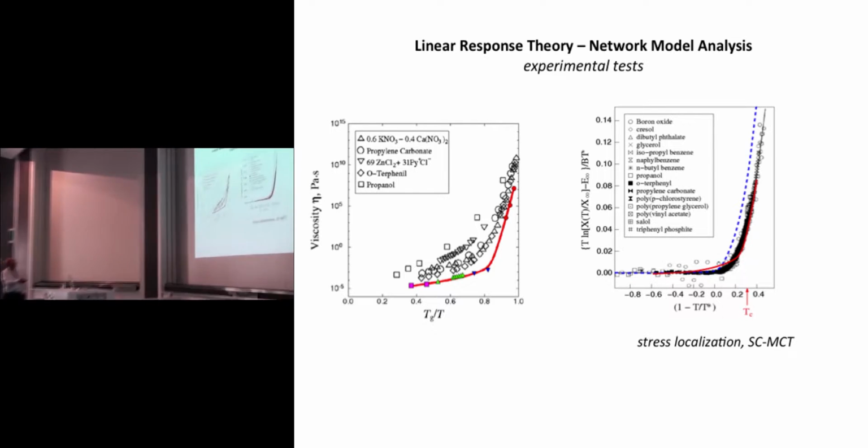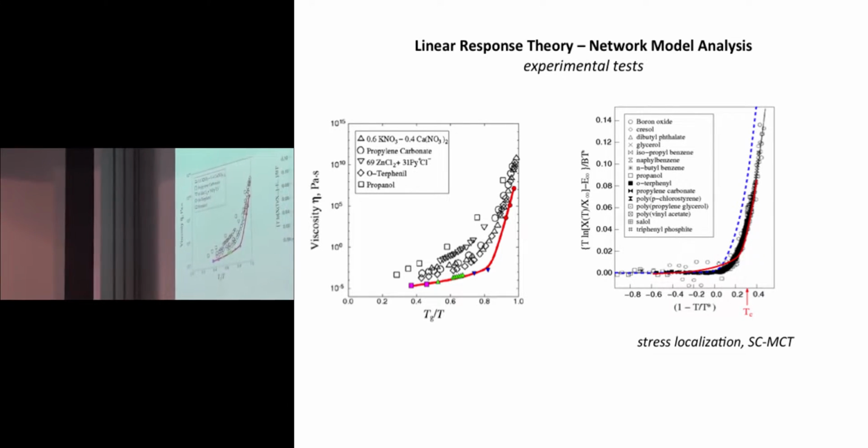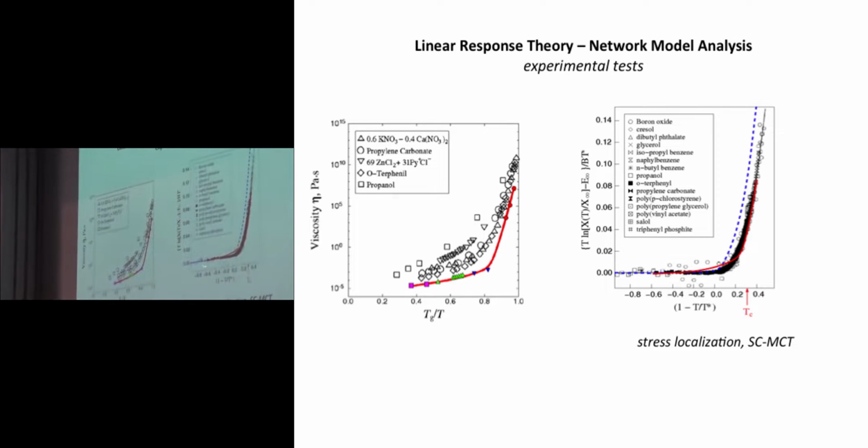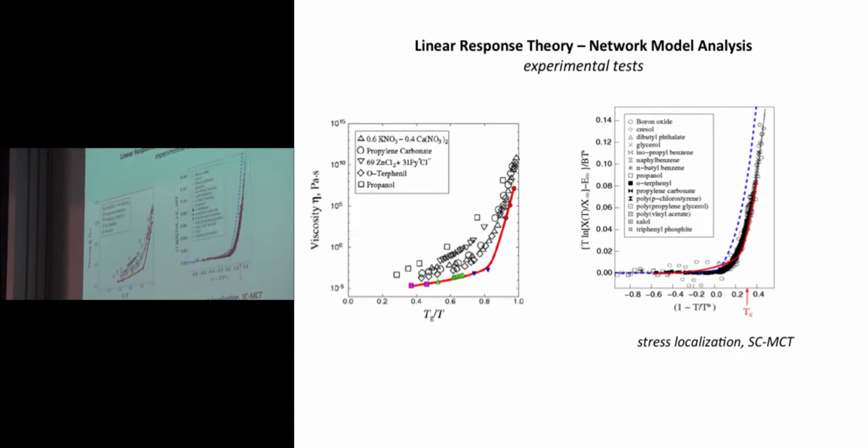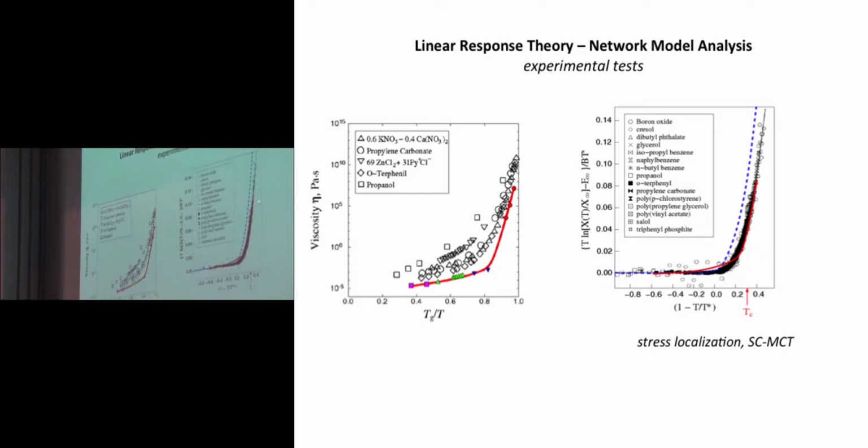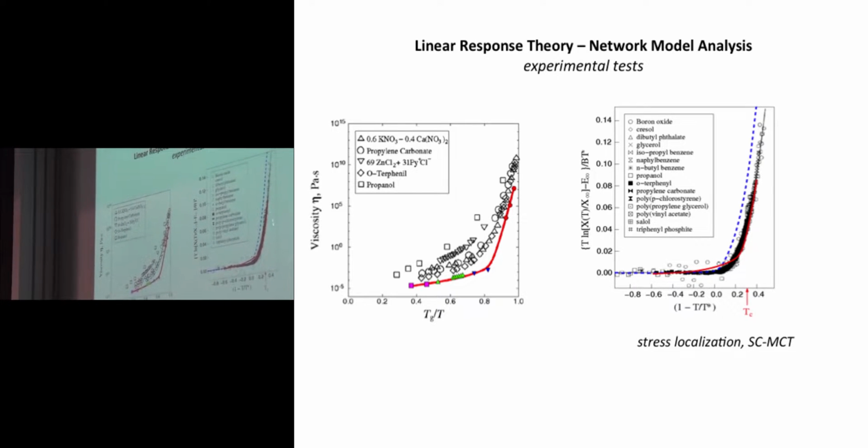And now if you take the data, some people have taken 15 liquids, fragile liquids, and these symbols are experimental data, and this red curve, admittedly, is not a raw data plot, but is based on some kind of reduced data.